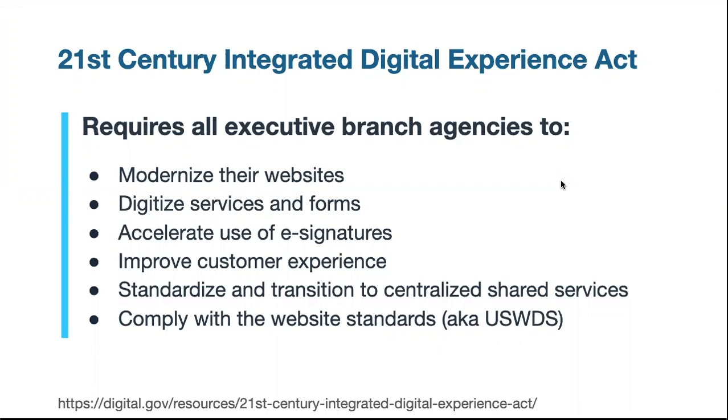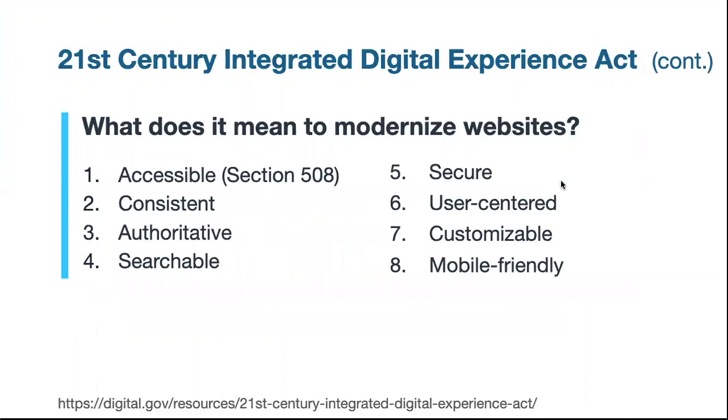We should accelerate the use of e-signatures, try to improve our customer experience for the public, do some standardization and move to some more shared services, and comply with some website standards. Again, Federalist doesn't necessarily address all of these, but it addresses a lot of them. And in addition to not just Federalist, but certain ways of building websites in general that Federalist helps with, that we'll talk about a little bit.